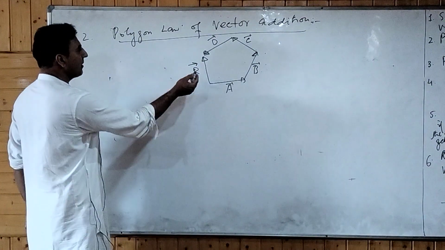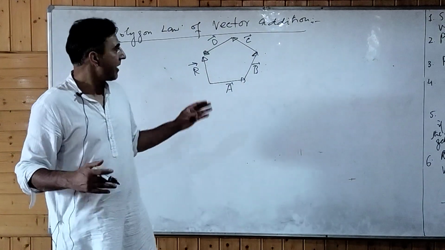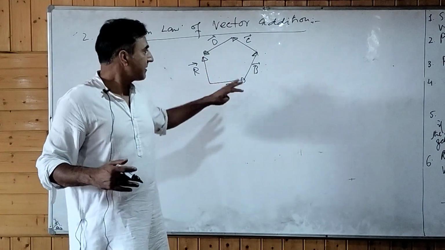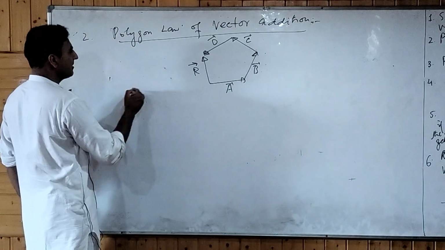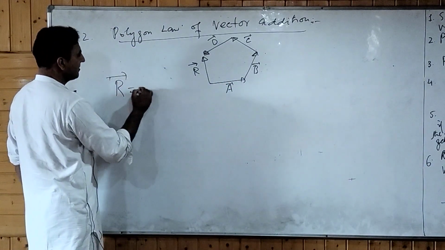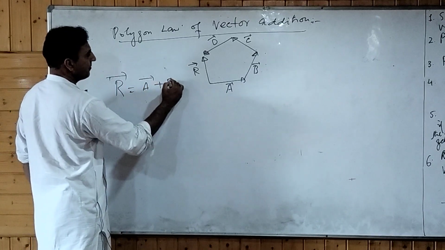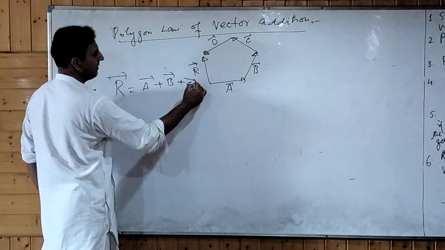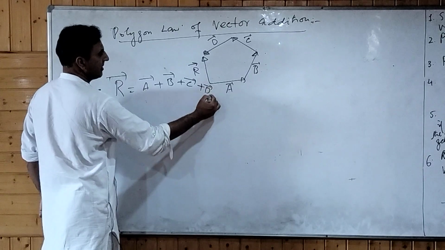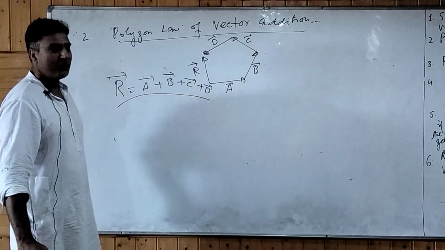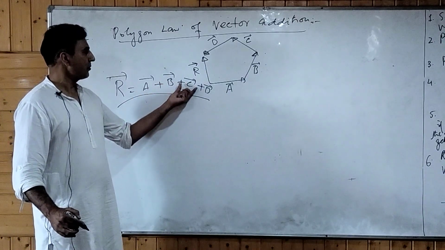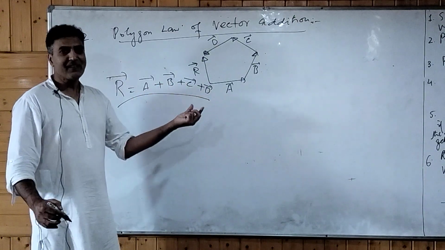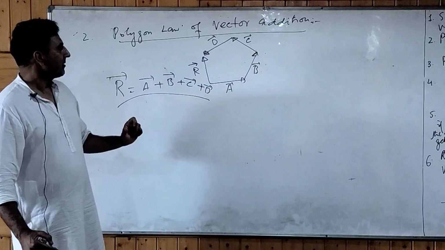And then what's the equation that I am going to write for this case? इसके लिए मैं क्या इक्वेशन लिख सकता हूँ? तो वो इक्वेशन है, this resultant R is equal to A plus B plus C plus D. This is the equation that you can write. But you can't say magnitude R is magnitude A plus magnitude B plus magnitude C plus magnitude D. That you can't write.